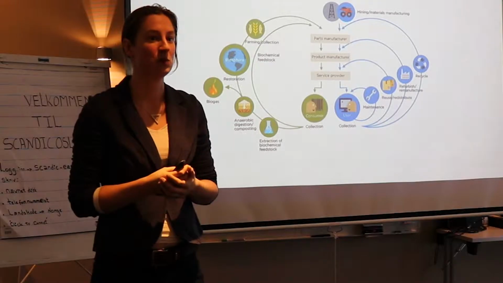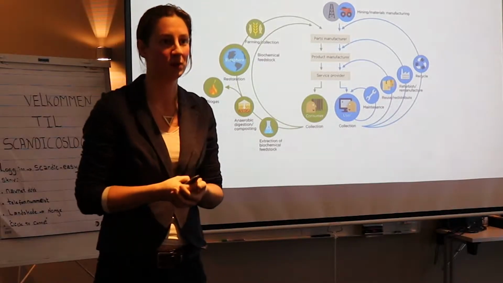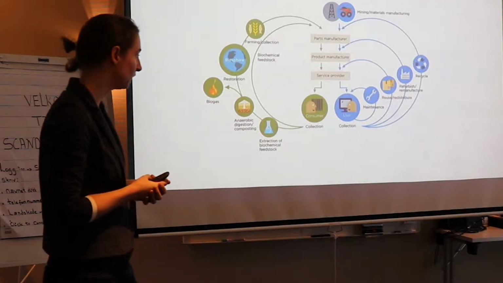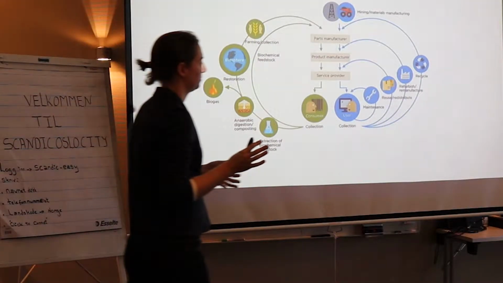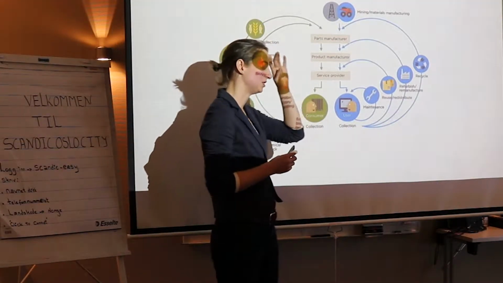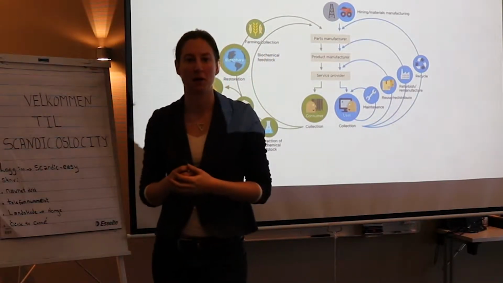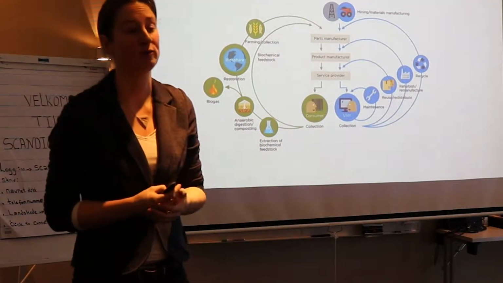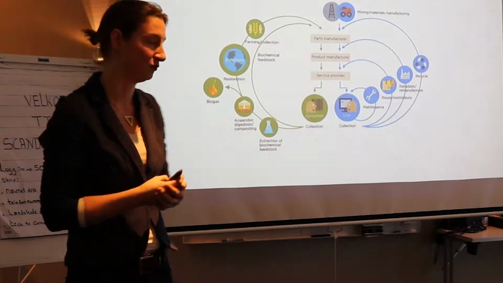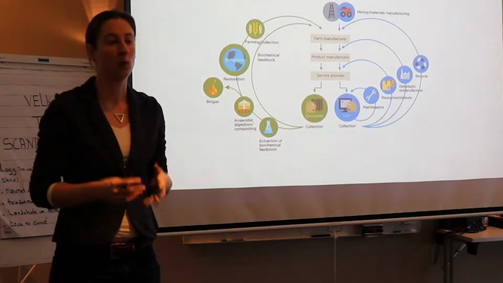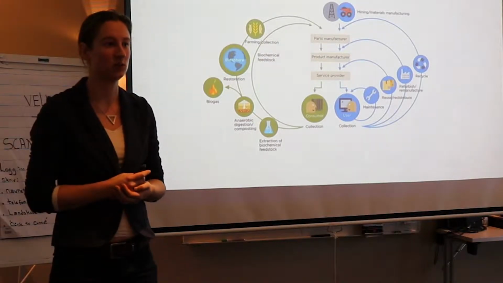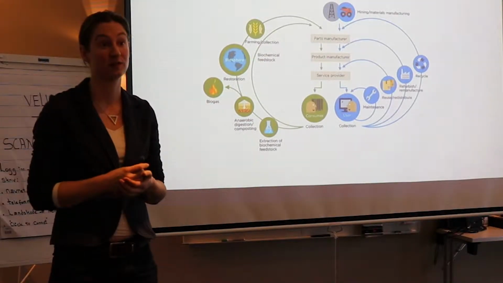Some of those strategies might be easier to implement than others. Another thing that the Ellen MacArthur Foundation advocates is that the inner loops are better capable of preserving value on a higher level. So that means that when we are considering circular strategies, we should be considering those strategies first.